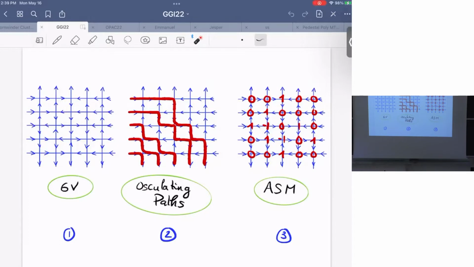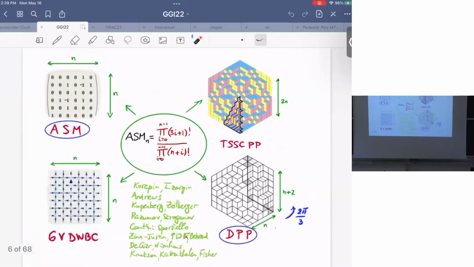Okay? All right. So here is a small part of the world around these alternating sign matrices. The left part we already discussed. The right part came a bit out of nowhere by simply looking at things that people had been able to calculate, right? And so these totally symmetric self-complementary plane partitions, which you can think of, you take a corner of the room and you pile up with cubes, right?